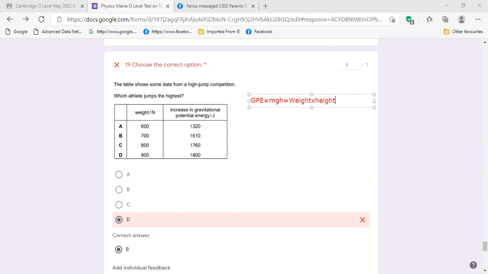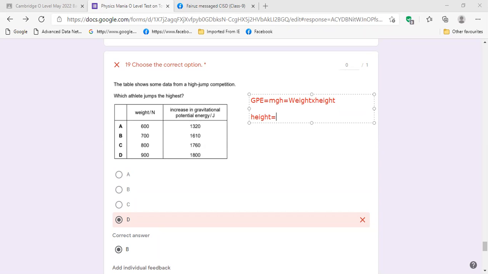Now for each row, the GPE is given and the weight is also given. So we can rearrange this formula, right? Yes, sir. So we can write height equals GPE divided by weight, as weight will go down.